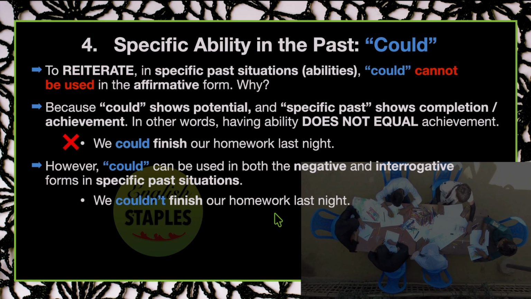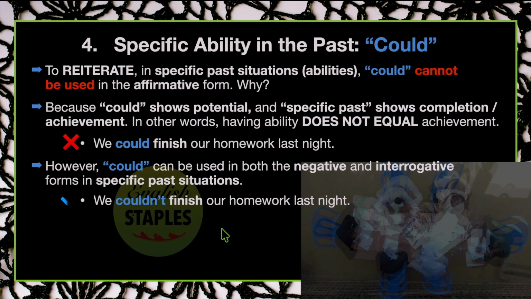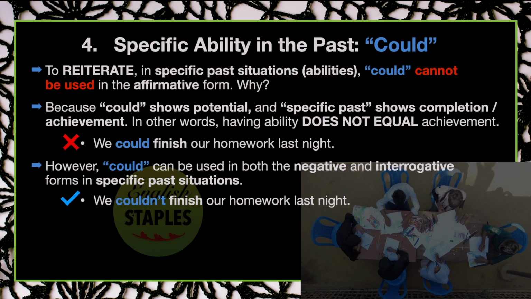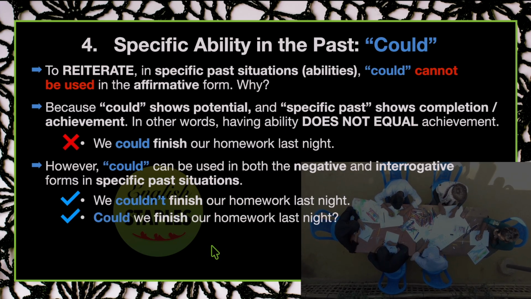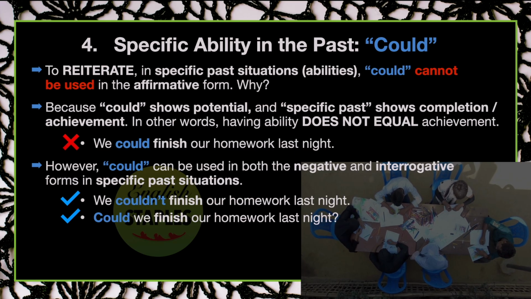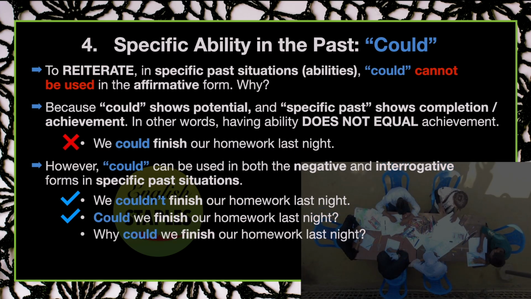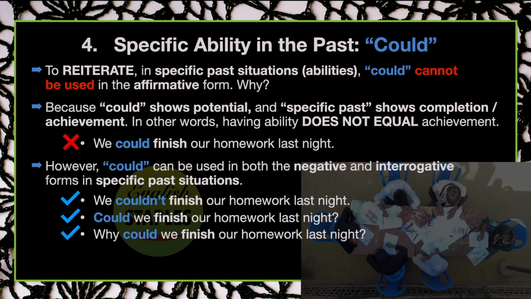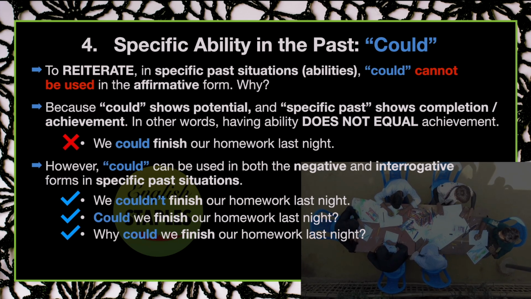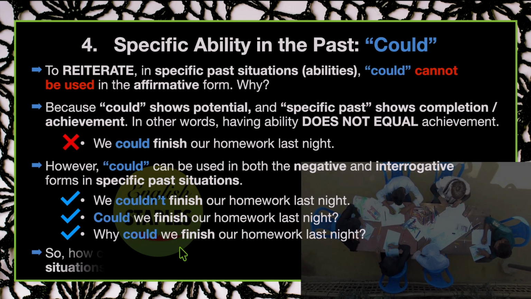We couldn't finish our homework last night. And that's okay. Could we finish our homework last night? And that's okay. Why could we finish our homework last night? That's okay. So these three are okay.